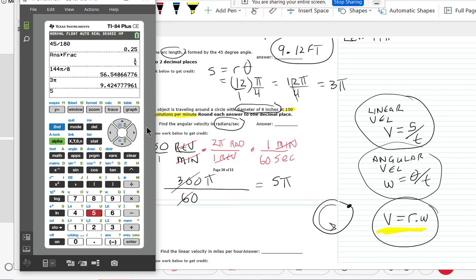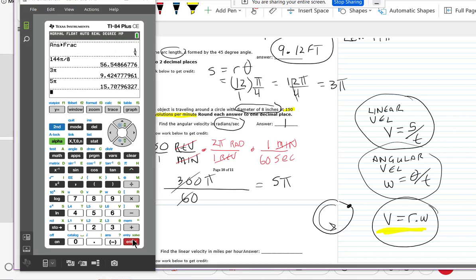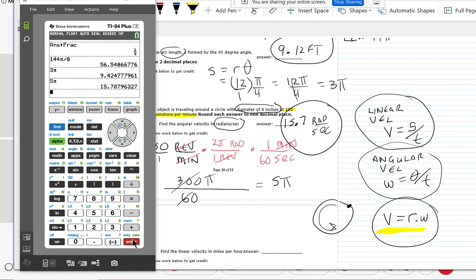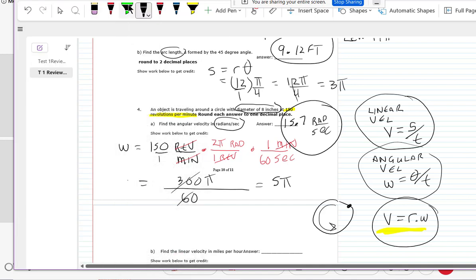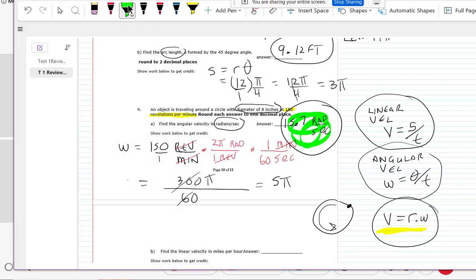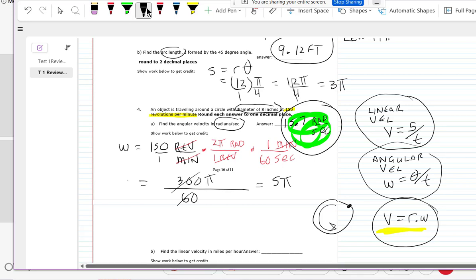I am saying round this to 1 decimal. So 5 pi gives me 15.7 radians per second.